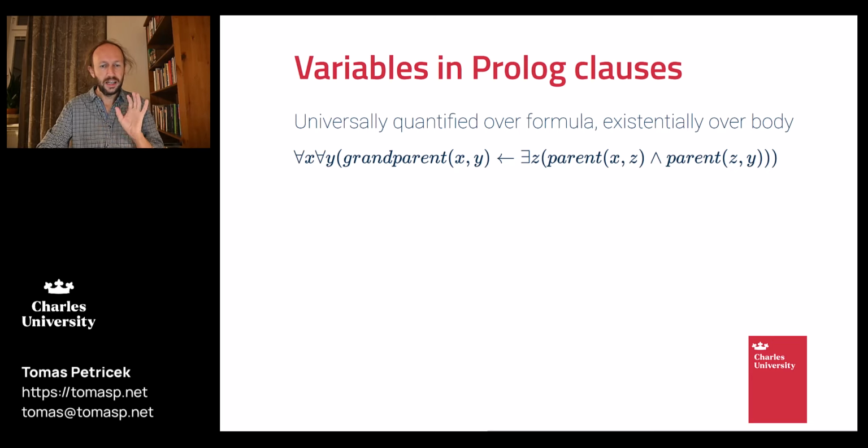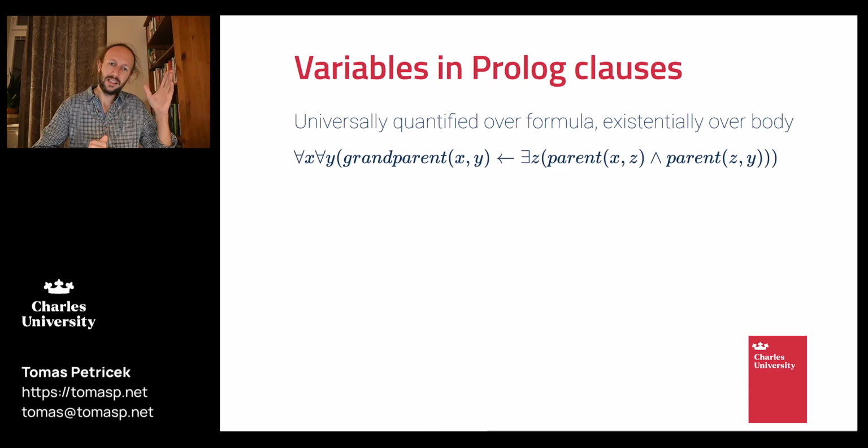I need to look a little bit at the variables in Prolog clauses. So when you have a Prolog derivation, Prolog formula, the variables that you use, they're universally quantified over the whole formula, but then existentially quantified over the body.